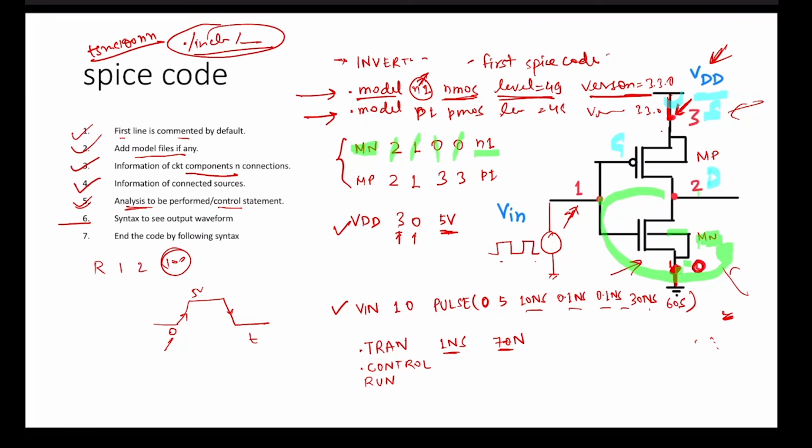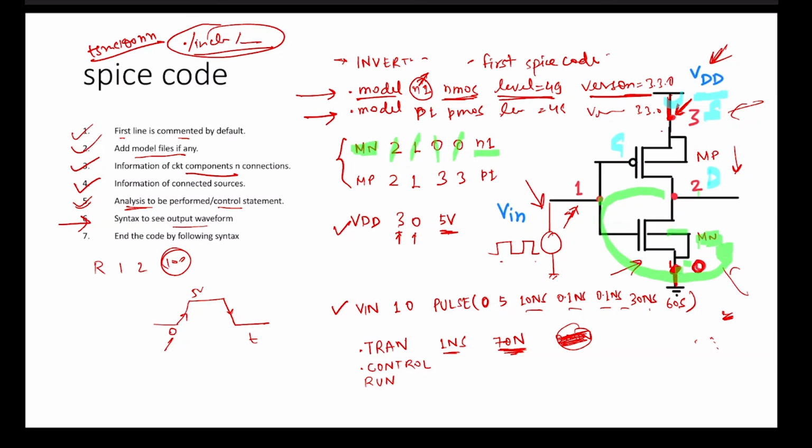After that, we want to plot it to see the waveform. I want to see the plot of the first waveform and the second waveform also. Here in transient, I have given 70 nanosecond. If you want to see a longer wave, you can give say 200 nano, and you will see the repeated pulse. So you can give anything. I'm just erasing it to avoid any confusion.